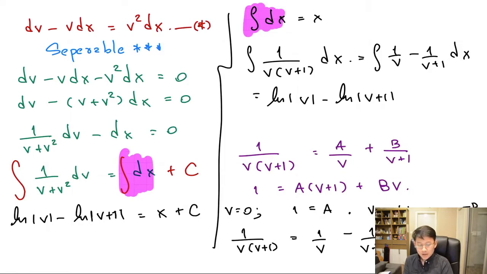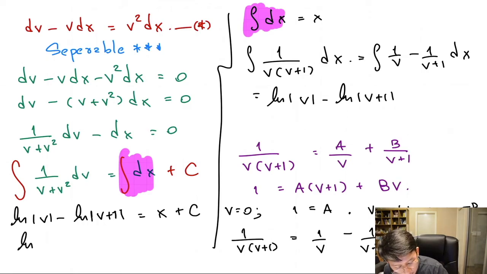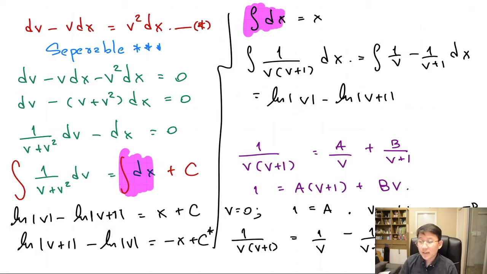If we want to find v, first I will multiply the whole equation by minus 1. So I get log of absolute v plus 1 minus log of absolute v equals minus x plus c star. It's actually minus c, but it's another constant, so I don't really care.